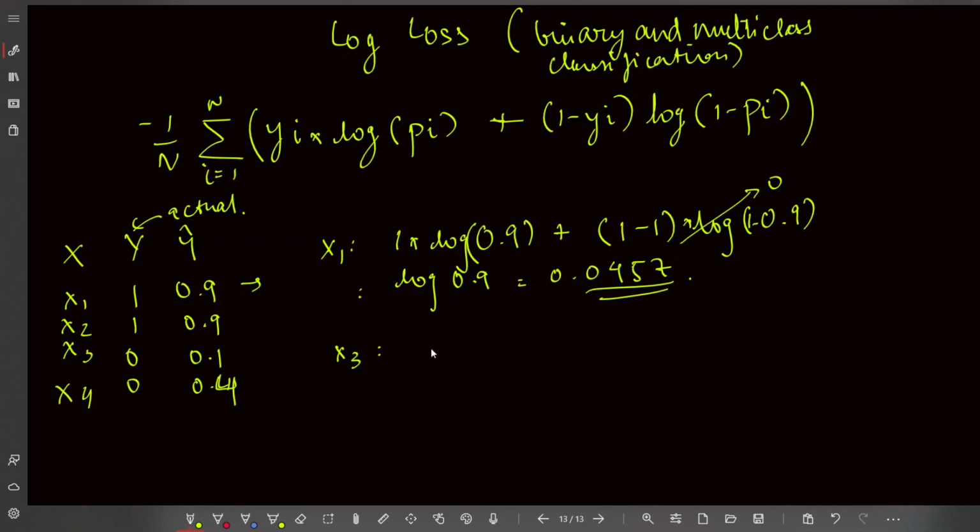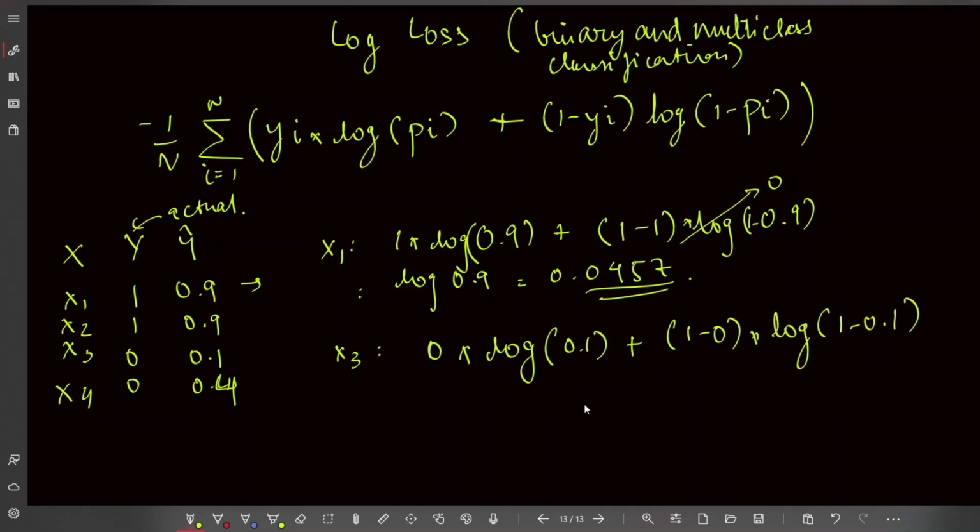X3 is 0, my actual class label, so 0 into log of 0.1 plus 1 minus 0 into log of 1 minus 0.1. Over here I again get log of 0.9, which is equal to 0.0457.